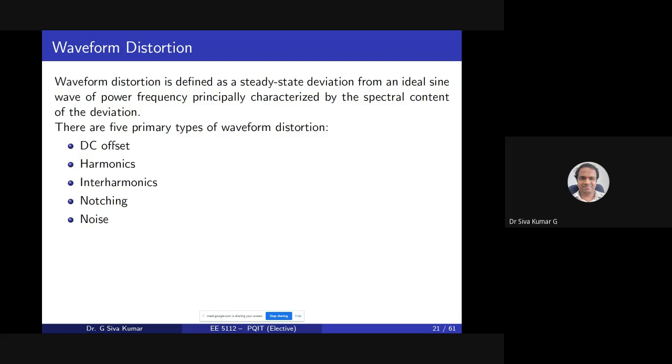What I am saying is, if you have an improper grounding in a system, there is noise in the voltage or in the current. If there is no proper grounding, there will be noise, which is an unwanted signal, going to appear in a voltage or in a current also.